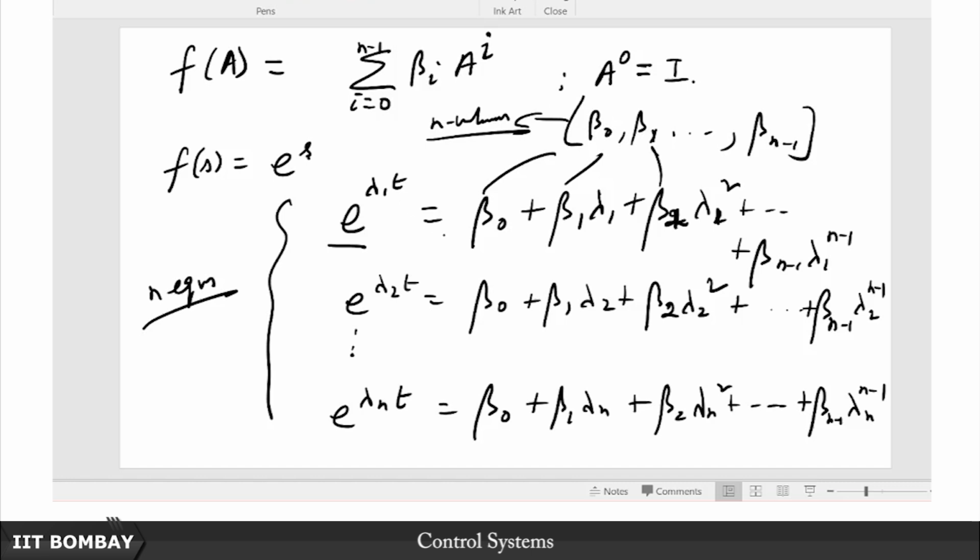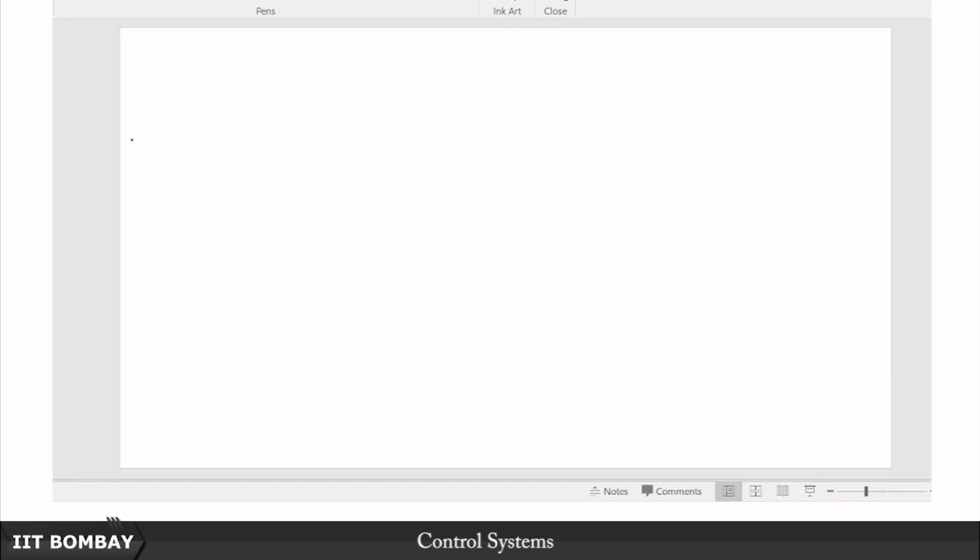So you should be able to solve this, provided of course that the lambdas are all distinct. Much as I would not like to use these results, sometimes you often have to. So you will see the structure of this thing, e to the power lambda 1 t, e to the power lambda 2 t dot dot dot till e to the lambda n t.